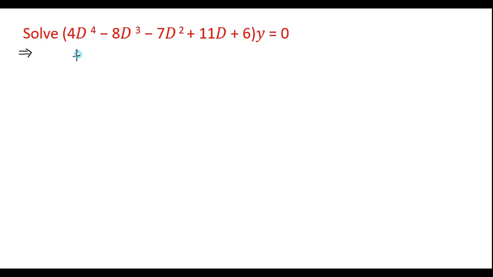Any equation of the form f(D)y = phi(x): if phi(x) is equal to 0, then the equation is called homogeneous.